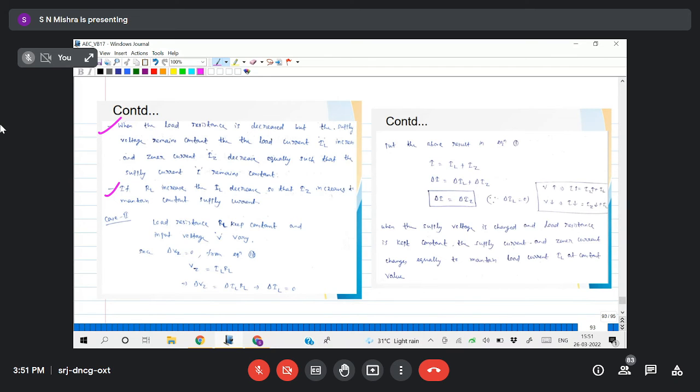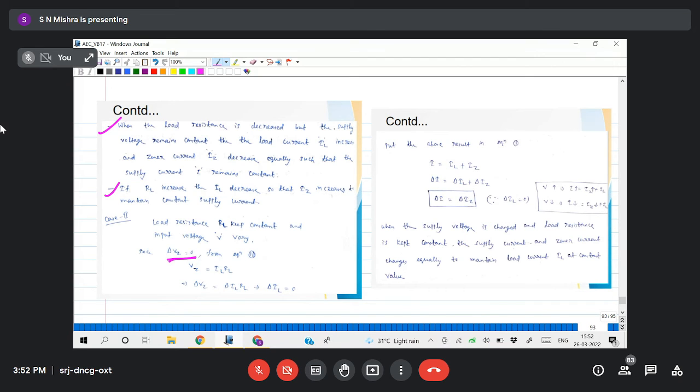Okay. Now case 2: suppose I vary the input voltage and keep RL constant. If you vary V and keep RL constant, from the graph we know delta Vz equals 0, no change in voltage across the Zener.